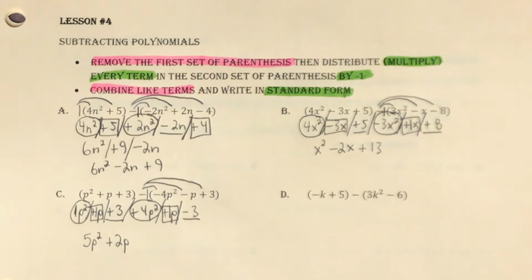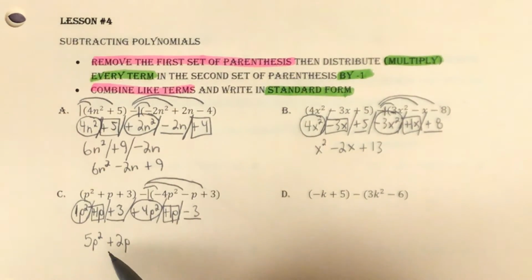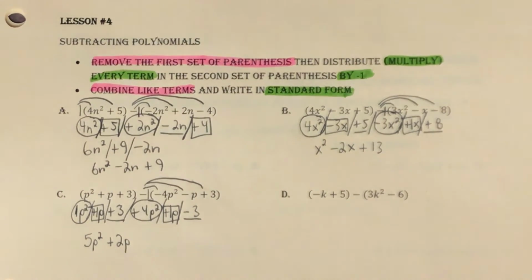So my polynomial at this stage is 5p squared plus 2p. I need to check, is it in standard form? So biggest exponent to smallest. It is. So that is my final answer. All right, well, I'd encourage you to try example D on your own, then check your answer with mine.